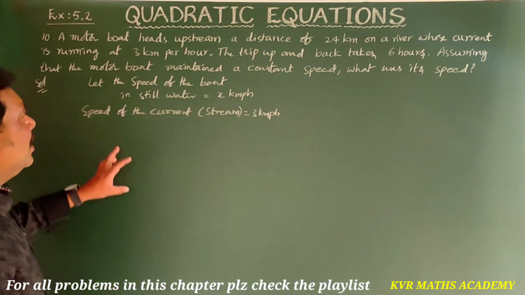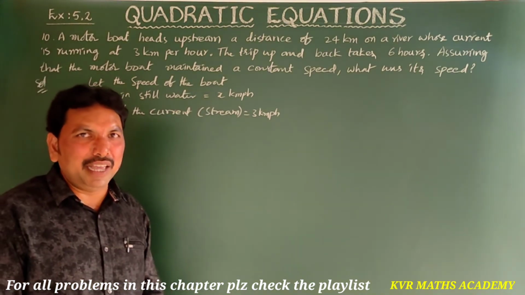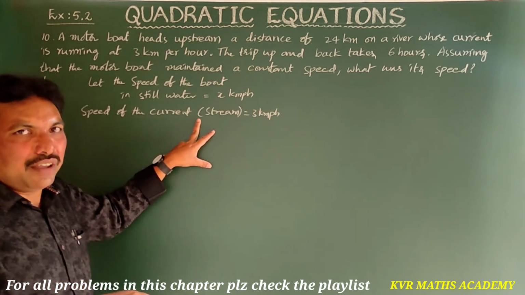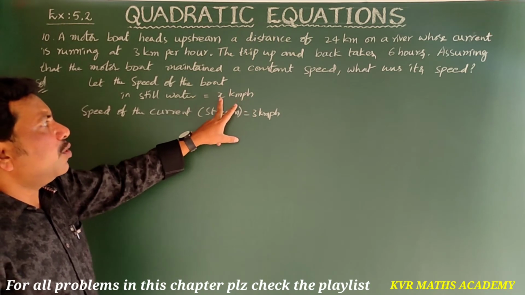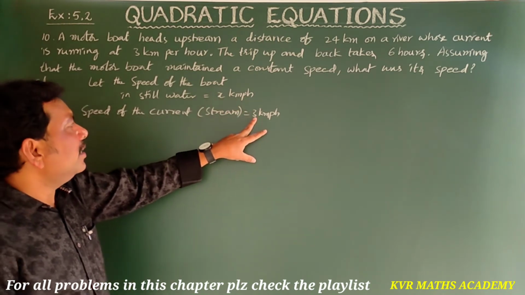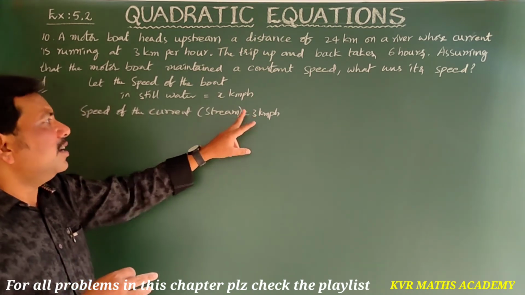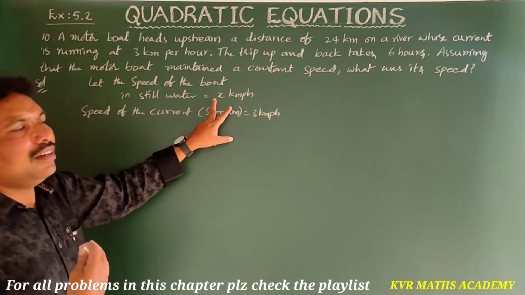Here, stream means upstream will be there, downstream also will be there. If you take the speed of downstream, we should add both the speed of the boat and the speed of the stream. Otherwise, in upstream we should subtract the speed of the stream from the speed of the boat.